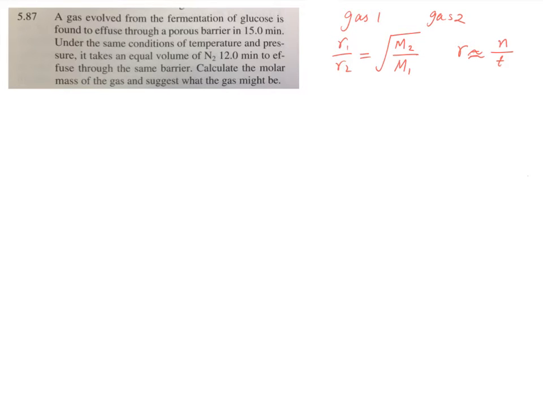We say the effusion speed of the unknown gas, RU, over the effusion speed of N2. It takes a shorter time for N2 to effuse, therefore the effusion speed of nitrogen is higher than the effusion speed of the unknown gas.